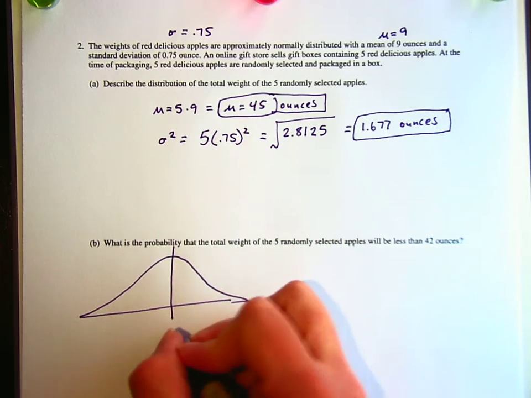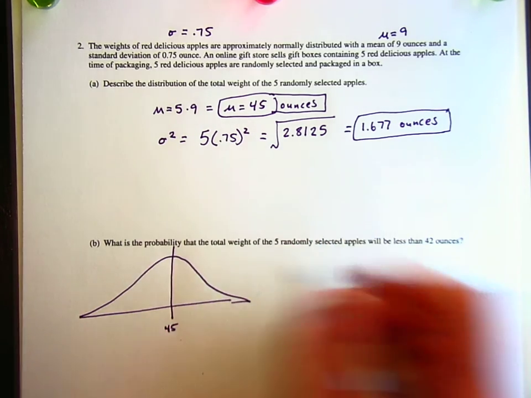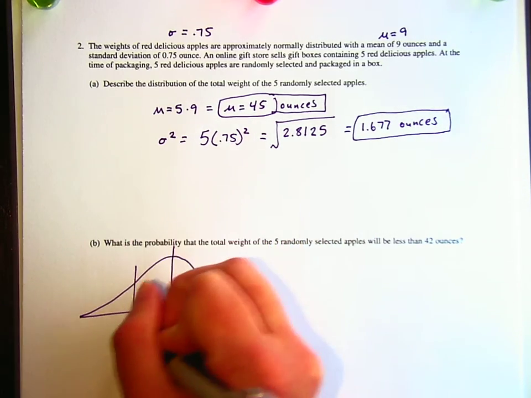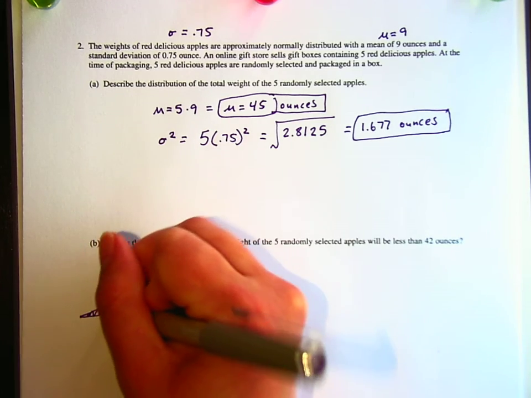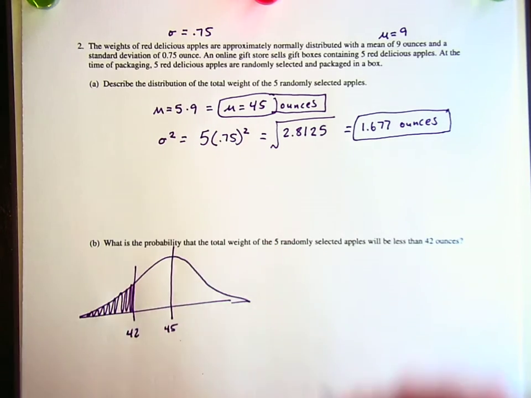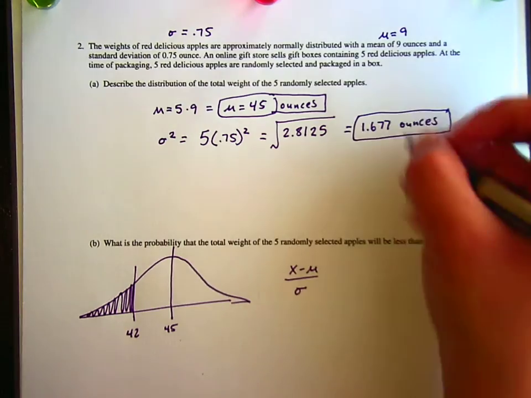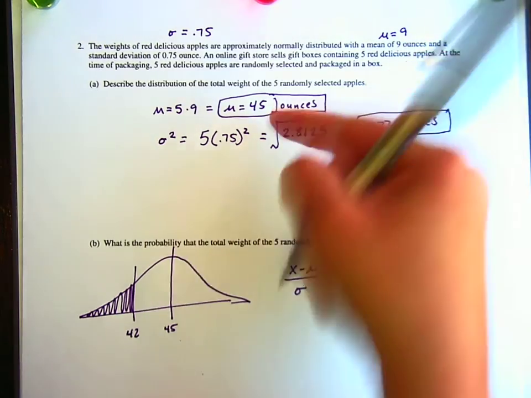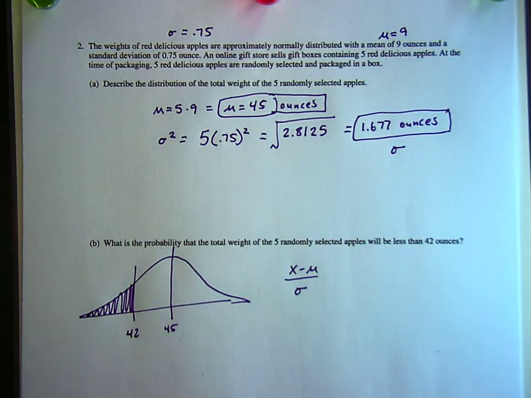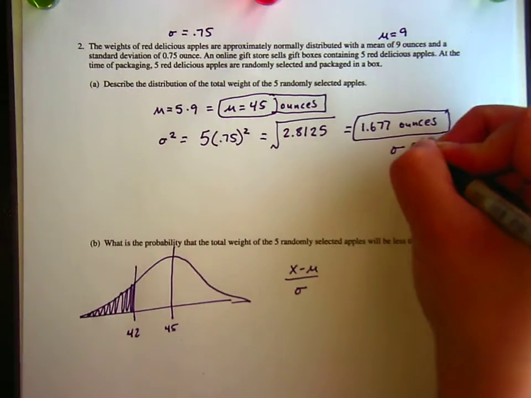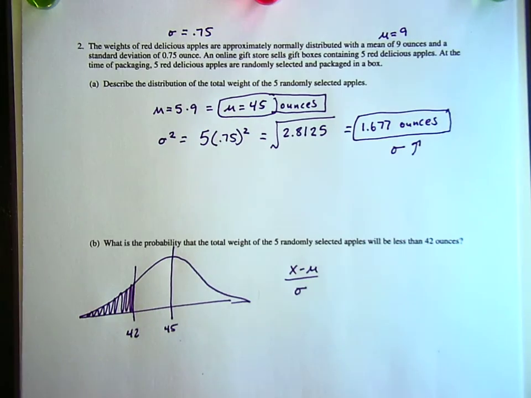All right, so we know that the average is 45 and that it's less than 42. So here's 42 over here, and less than is over here. Okay, so this is x minus mu over sigma, except I have to use the sigma and the mean that I just got. So I need to make sure that I use those.